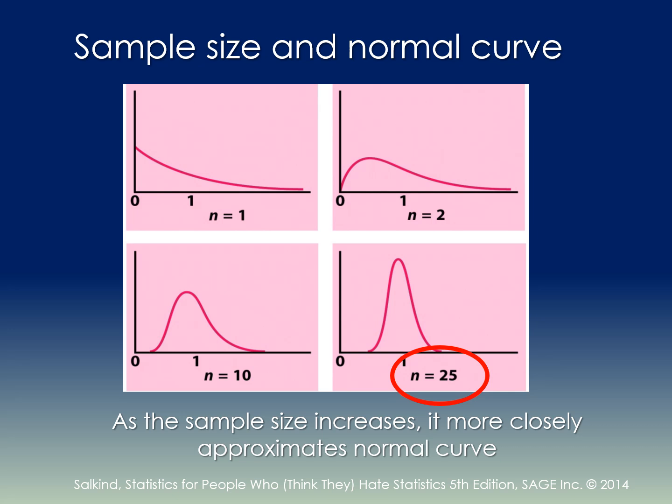And we've got a sample size of 2 and a sample size of 10. Notice that once you get around a sample size of 25, some textbooks might say 30, once you get to a certain sample size, randomly chosen ideally, we begin to see that the distribution begins to mimic the normal curve a lot more.